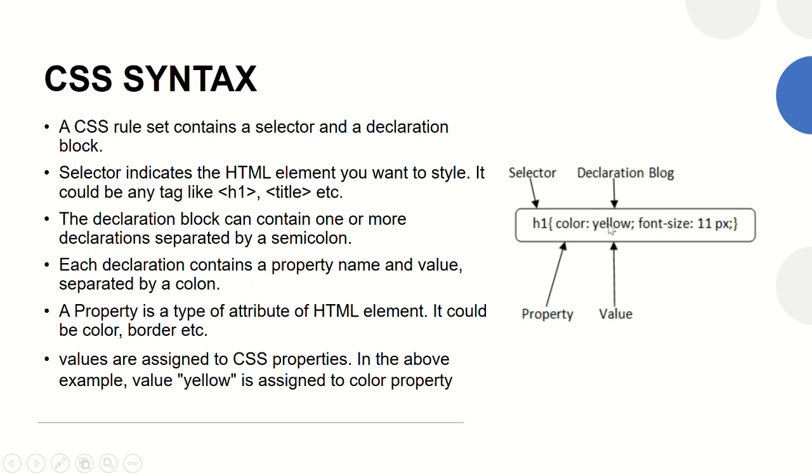We can change the color to yellow, black, anything you want. This is followed by a semicolon, and the next one is font size 11. I can change it to 11 pixels, or 10 pixels, anything you want. This is how we can declare CSS in HTML.